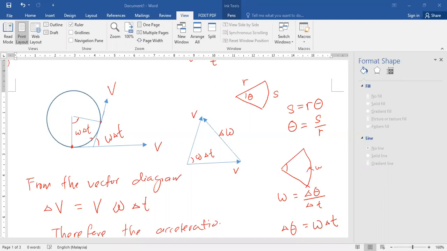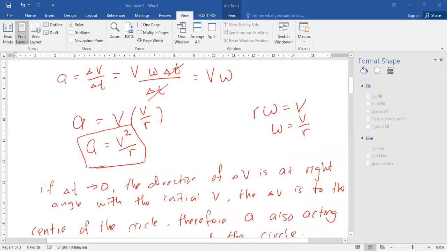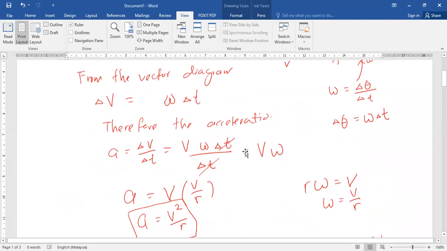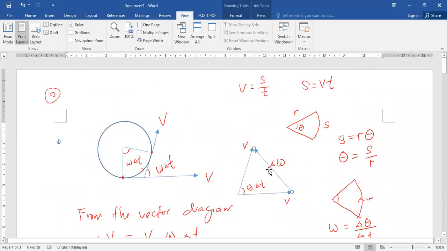Okay, stop for a while. That means that no matter how, the change of the velocity, the change of the angular velocity will always be directed to the center.